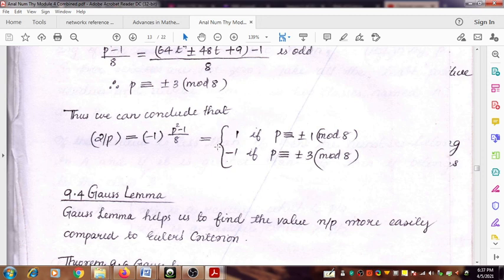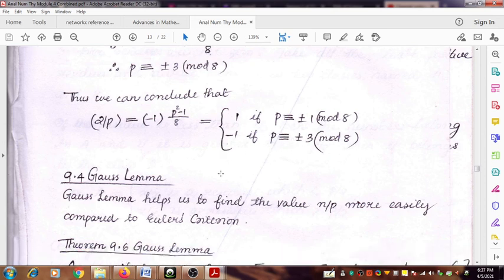And therefore we can conclude that 2 bar p is equal to minus 1 to the power of p square minus 1 divided by 8, and that quantity is equal to 1 if p is congruent to plus or minus 1 mod 8, and equal to minus 1 if p is congruent to plus or minus 3 mod 8. Okay, thank you.